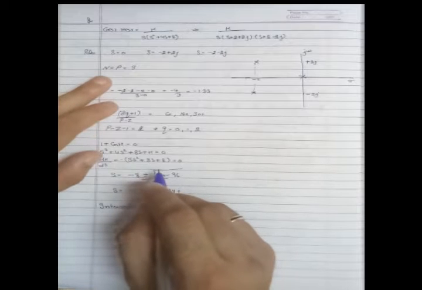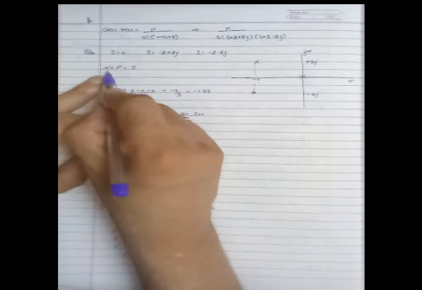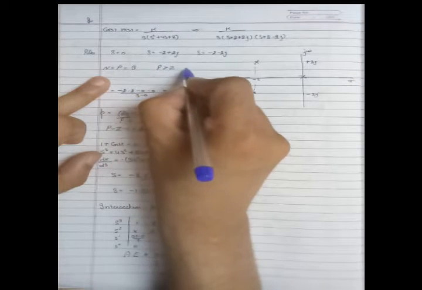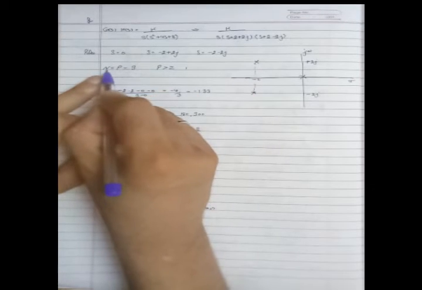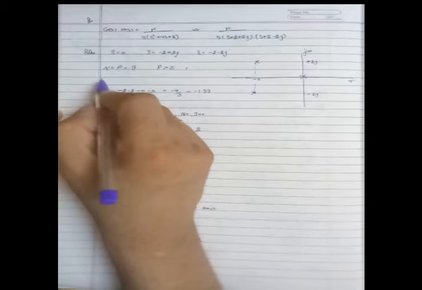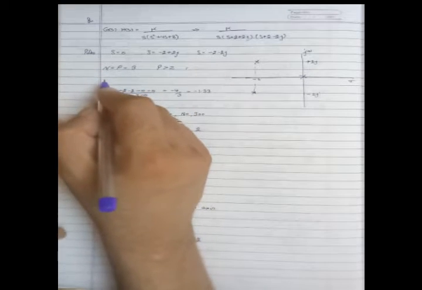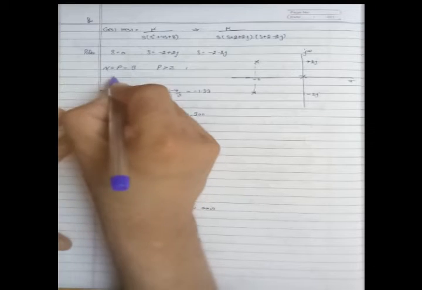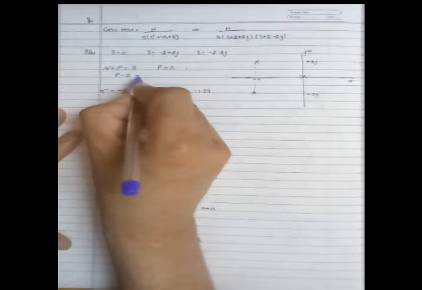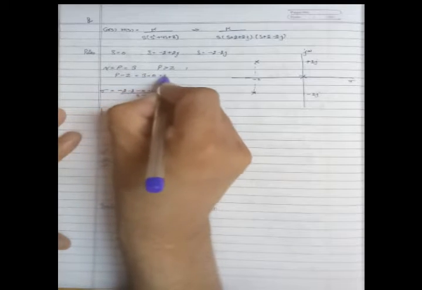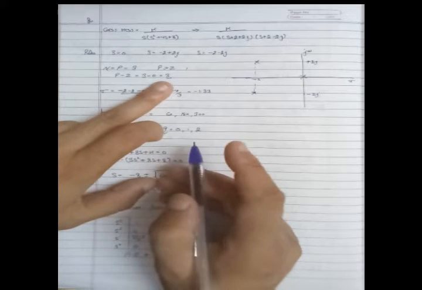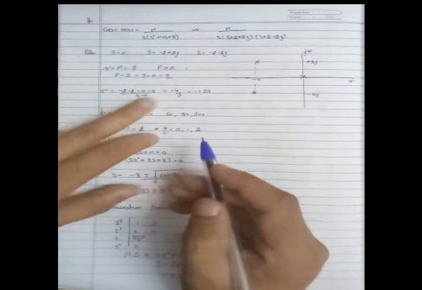Now I have to find the number of branches, which is equal to P, where P is greater than 0, then P is equal to N, which is equal to 3. Now I have to find the number of zeros that lie at infinity, which is given by P minus Z is equal to 3 minus 0 is equal to 3. 3 zeros lie at infinity, on which my root locus branches terminate.